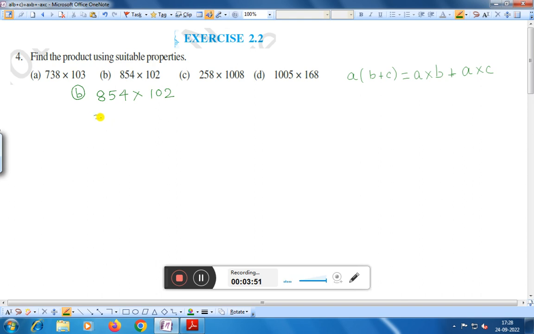Now we can write it like this: 854 into 102 can be written as 100 plus 2.